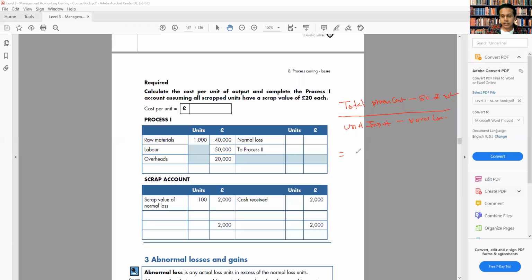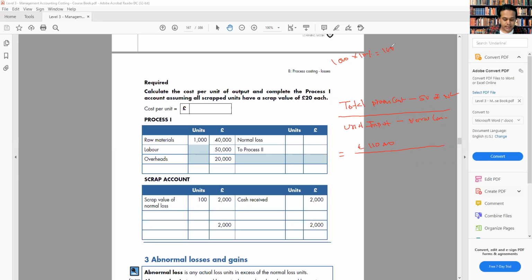So the first thing we need to know is how much was the total cost for the process. If you remember from the last question, we had 110,000, and the value of the scrap. So how many scrap? They said 10% will be the normal loss. So from 1000 unit, if 10% is the normal loss, that will be 100, isn't it?